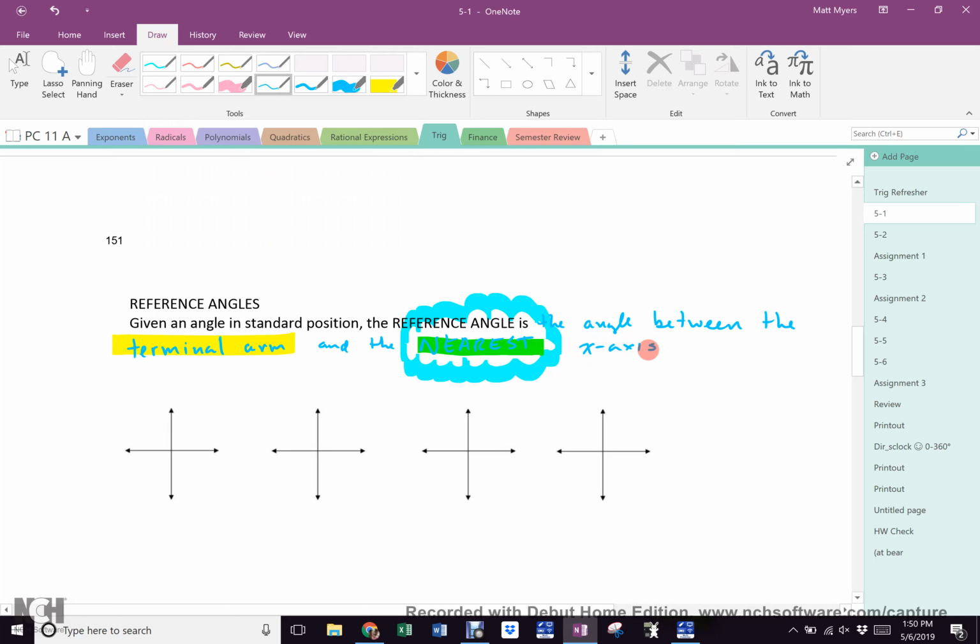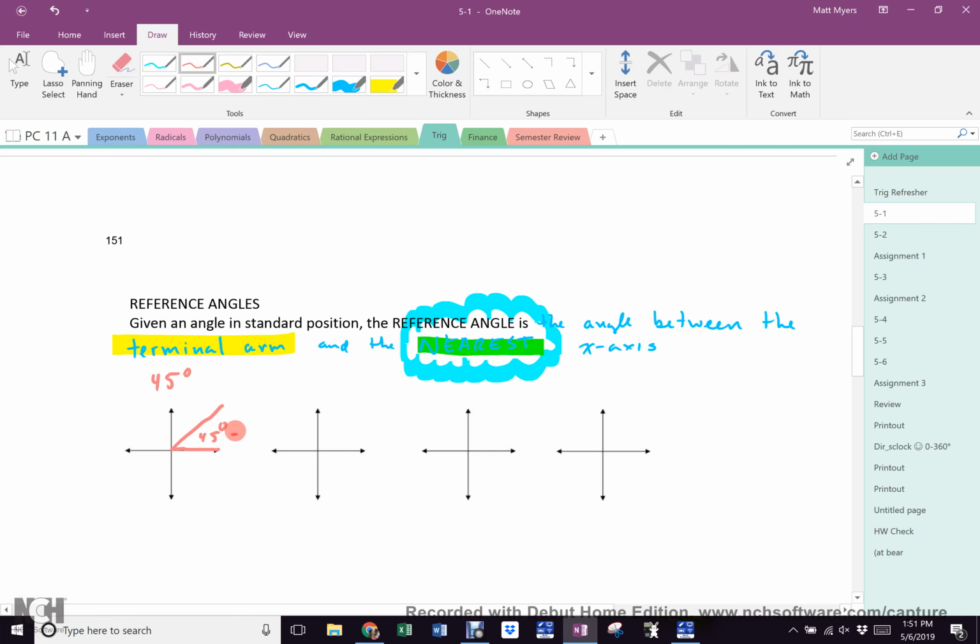We will do 4 examples. Count them 4. Somebody say a number between 0 and 90. 45, the boring one. I would like an angle in standard position drawn at 45 degrees. Boom, boom. Agreed? This is 45.